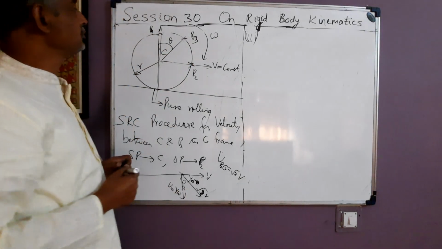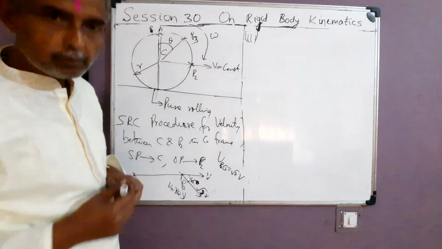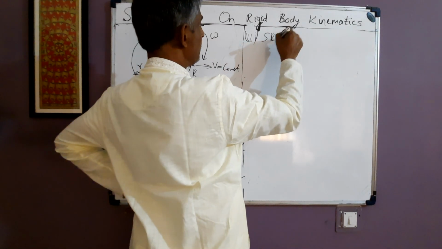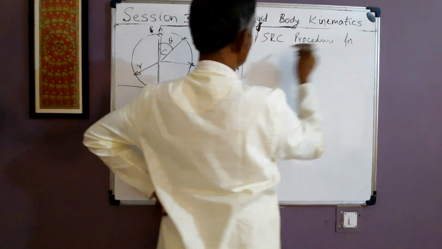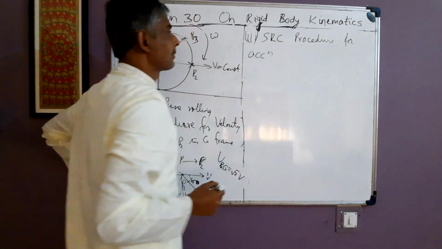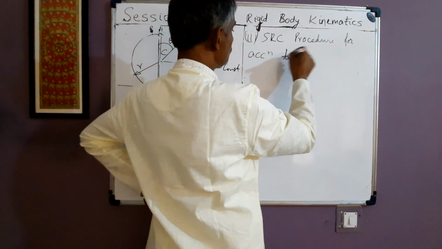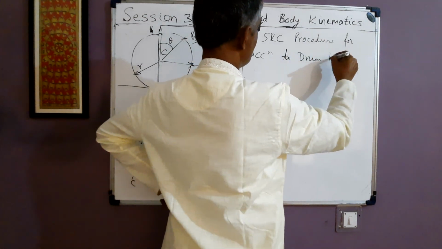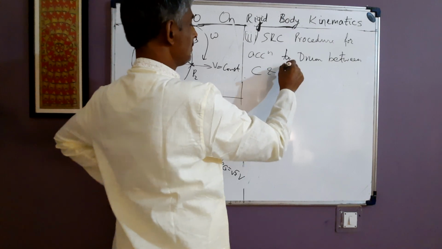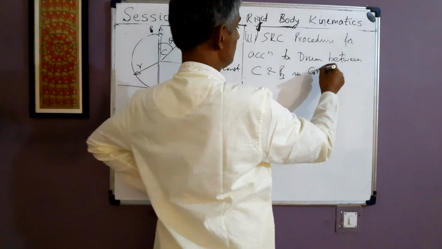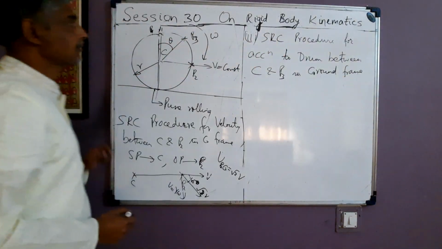First, I apply the SRC procedure for acceleration to the drum between C and P3 in the ground frame.